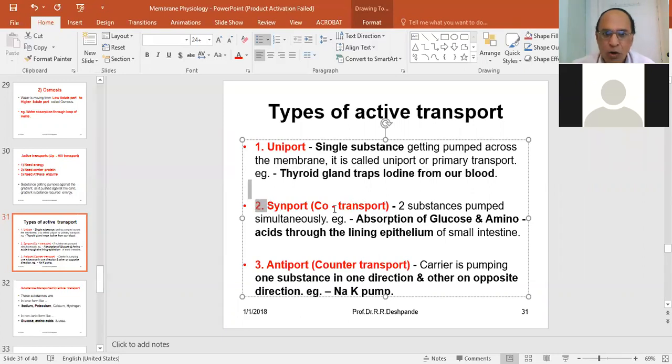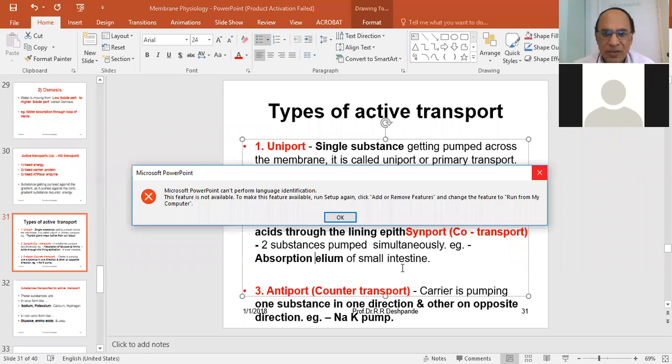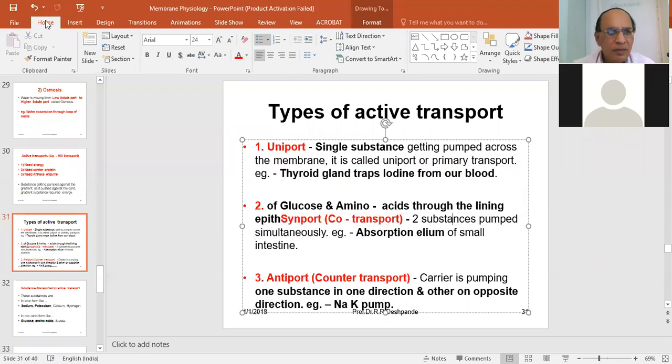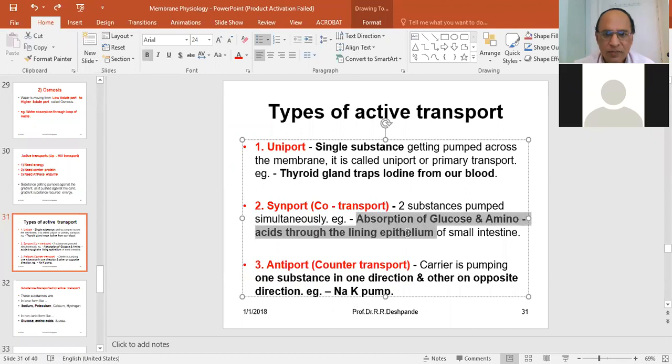Now, symport, or co-transport. Uni is one, co is two. Two substances are pumped simultaneously. For example, here you can see, absorption of glucose and amino acid through the lining membrane of the small intestine.